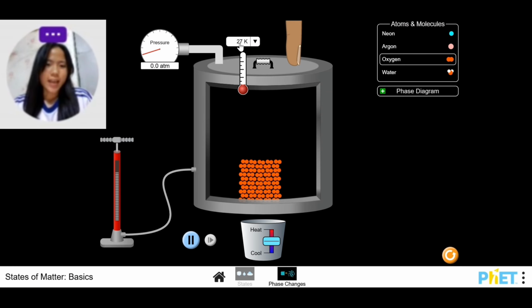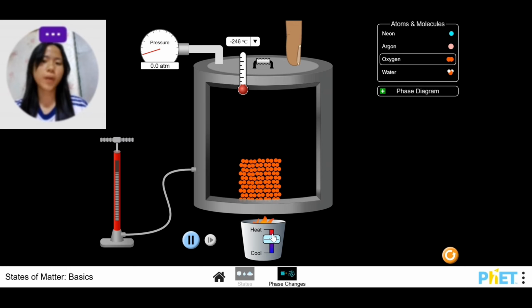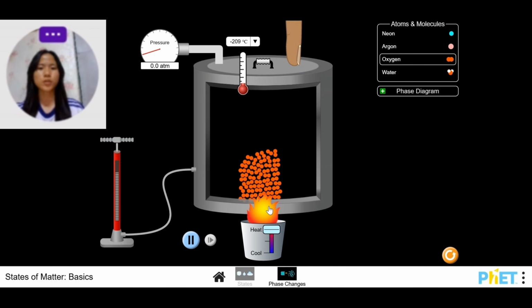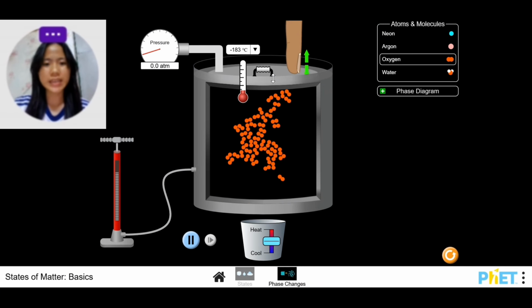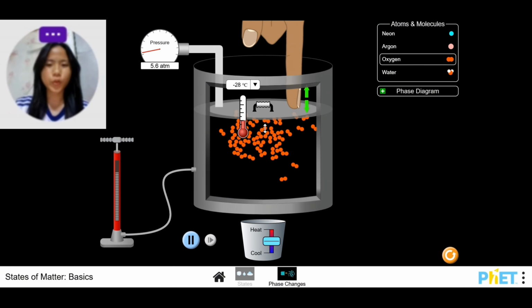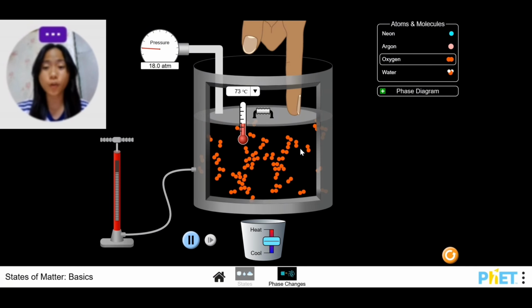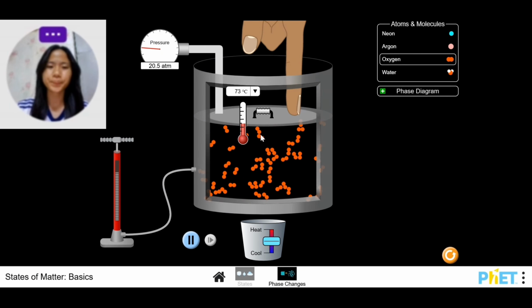So now let's explore how pressure affects phase changes. We will start by observing oxygen in its gaseous state at normal atmospheric pressure. As we gradually increase the pressure, notice how the molecules are forced closer together.